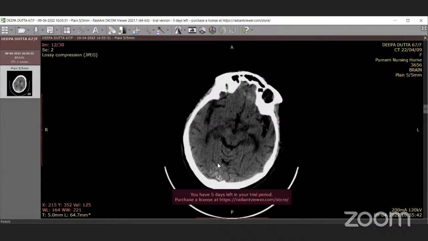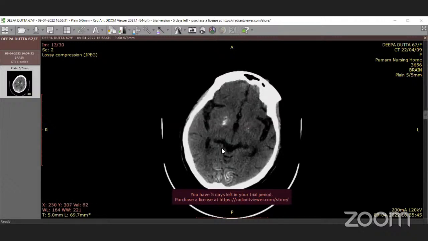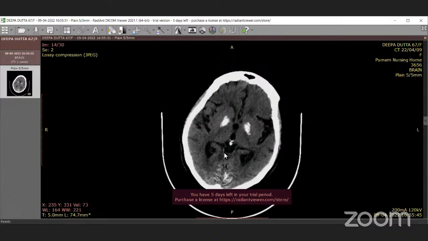This is the occipital lobe. The line that separates the vermis and the occipital lobe is a sharp line. I think you can make that out. This is the tentorium cerebelli on the axial.